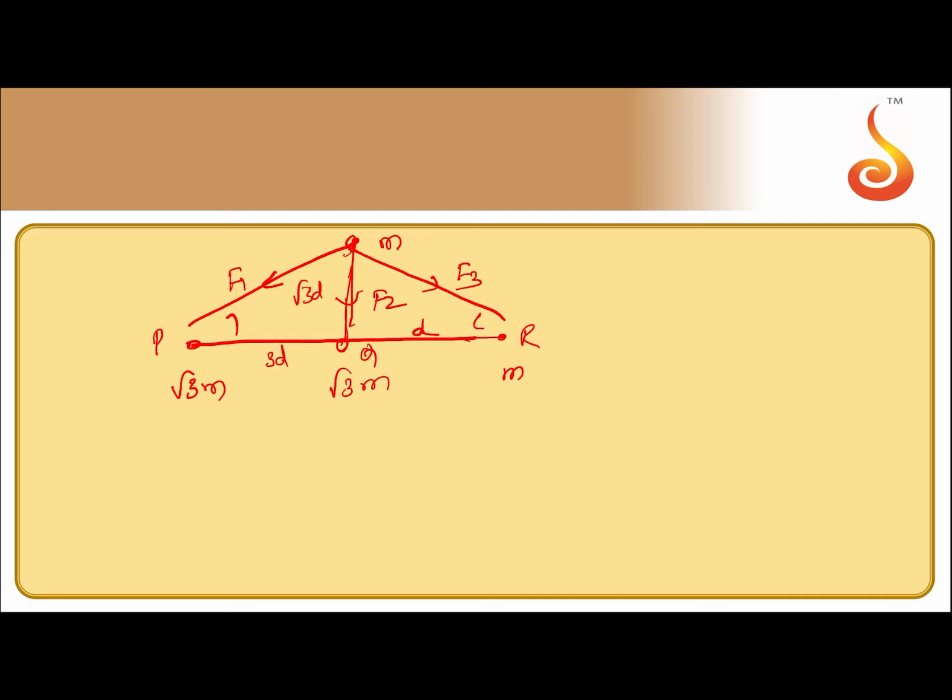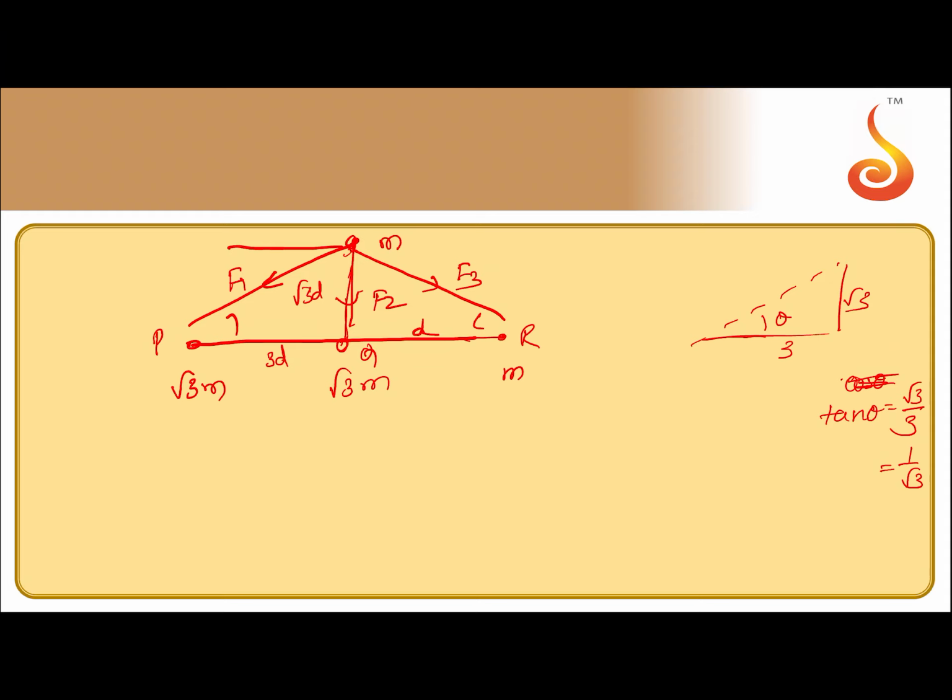You can notice that this is root 3 and this is 3, and clearly this angle theta, tan theta is root 3 by 3, that is 1 by root 3.